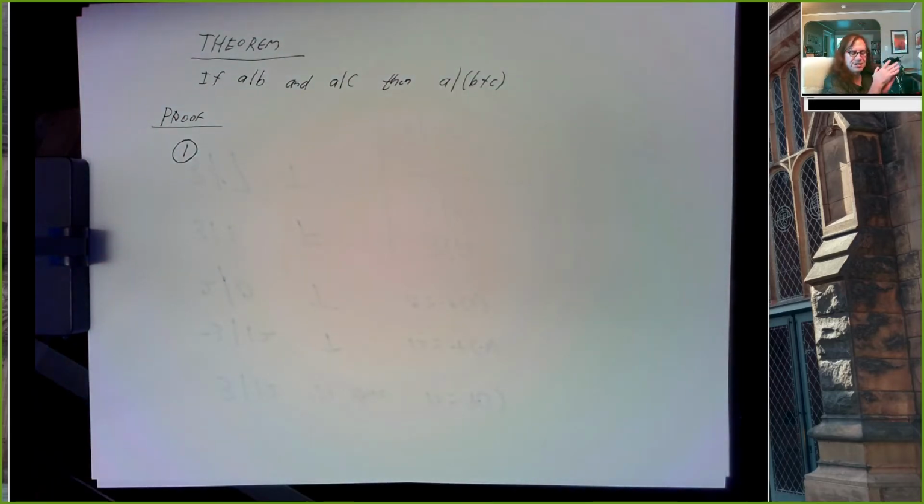Anyone want to take a shot at a starting step? And it doesn't have to be a productive step, but what would be a possible first step for a proof of this theorem? State the hypothesis.